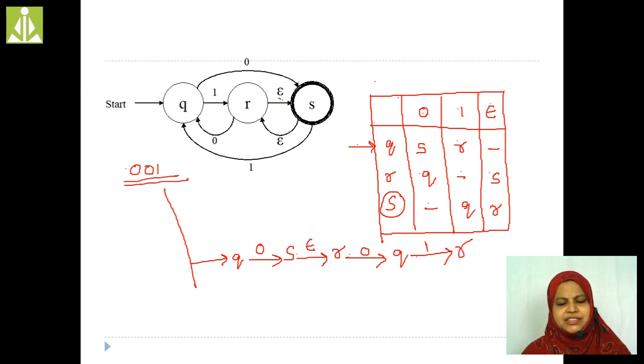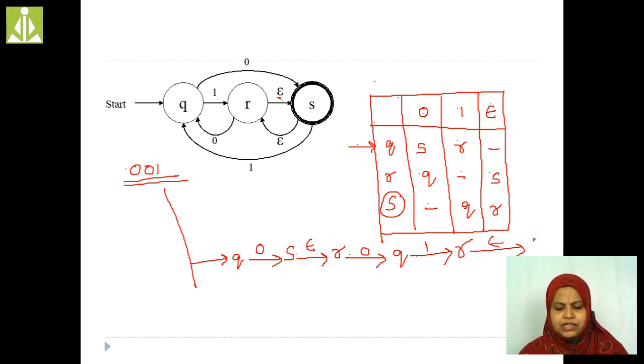Now I am going to check whether this string is accepted by this NFA with epsilon moves or not. A particular string is accepted if it reaches the final state. In this case, I am reaching S. In this case, I am reaching R. By using the epsilon moves, I can change this state.